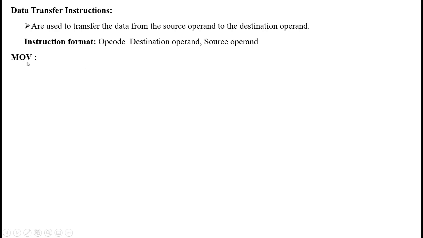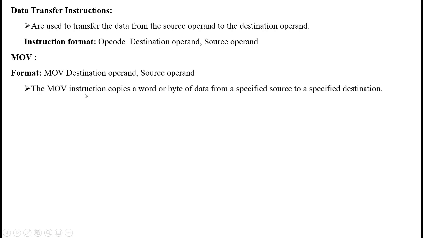The format of this instruction is MOV, this is the opcode, then destination operand, comma, source operand. The main function of this MOV instruction is to transfer the data from source operand to destination operand. That is the meaning of data transfer instructions.